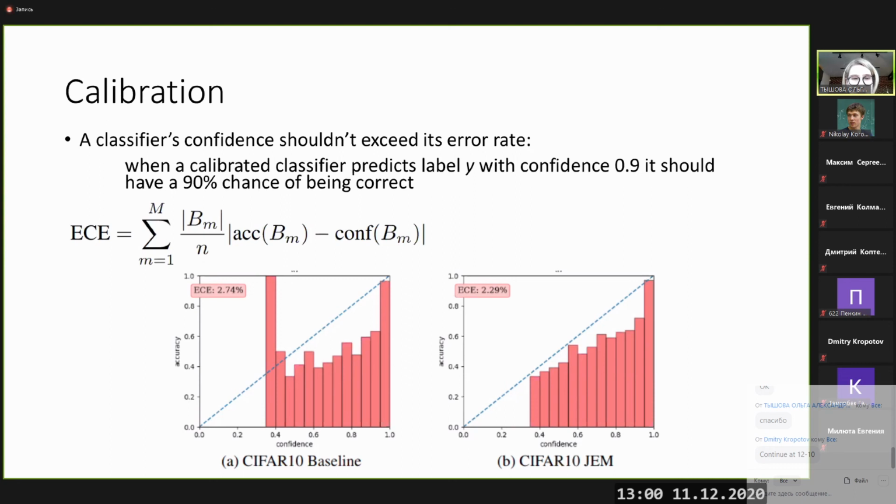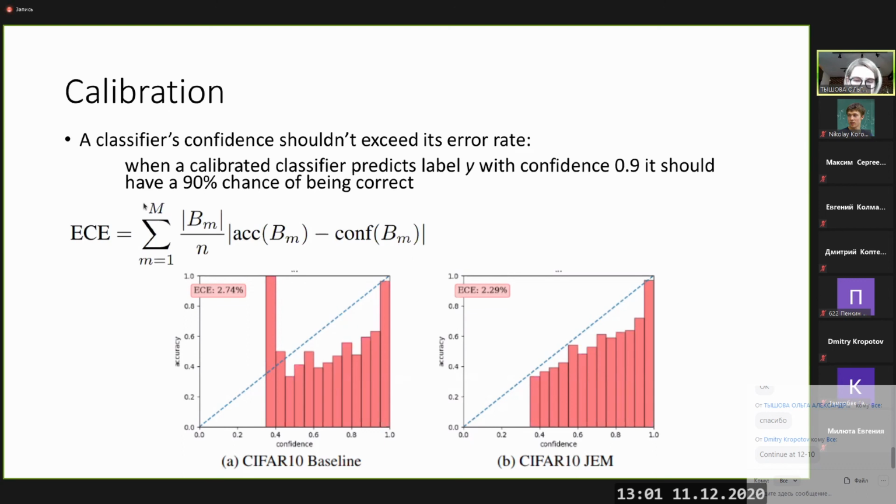The metric for calculating how well a classifier is calibrated is the expected calibration error. The idea behind calculating this metric is that we split the output probabilities of a classifier into m bins.